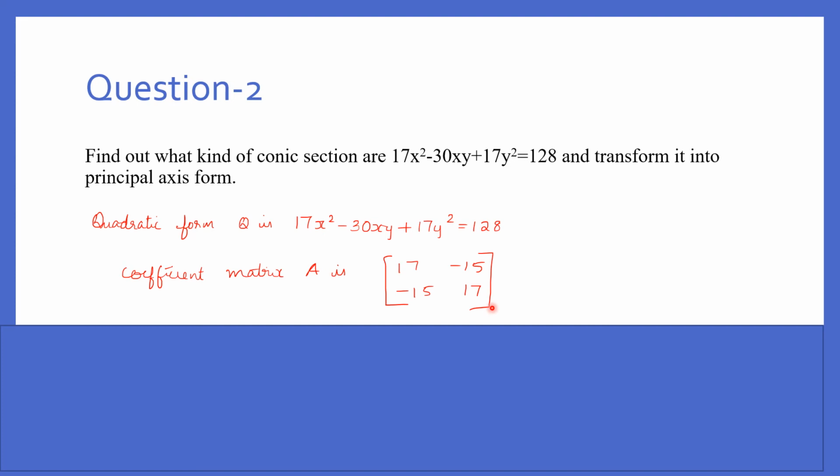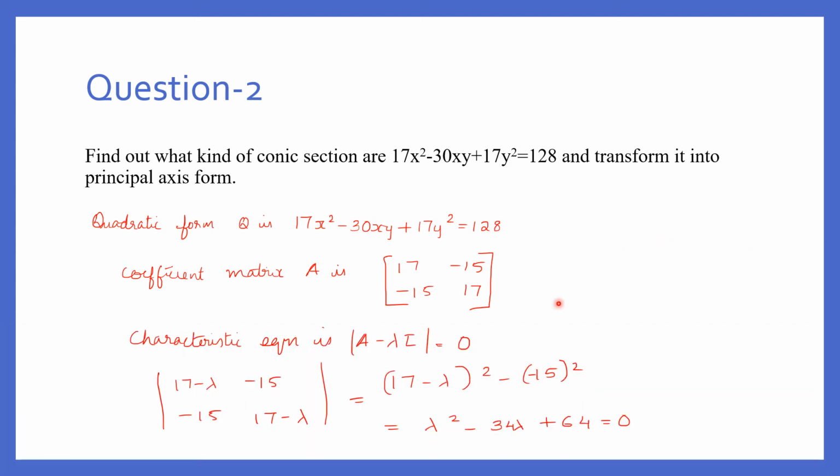So the next step is we have to identify the characteristic equation based on this coefficient matrix. For identifying the characteristic equation, we have to use the determinant of A minus lambda I is equal to 0. So we have to identify A minus lambda I. We can make the corresponding substitution on the principal diagonal elements, that is 17 minus lambda, minus 15, minus 15, 17 minus lambda.